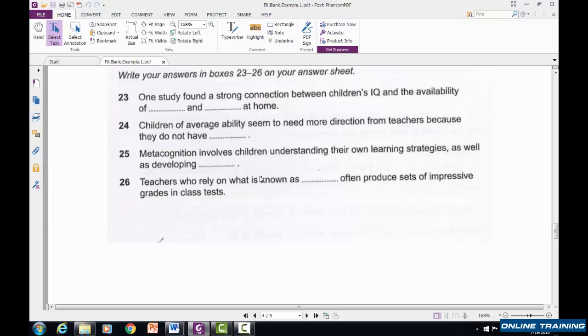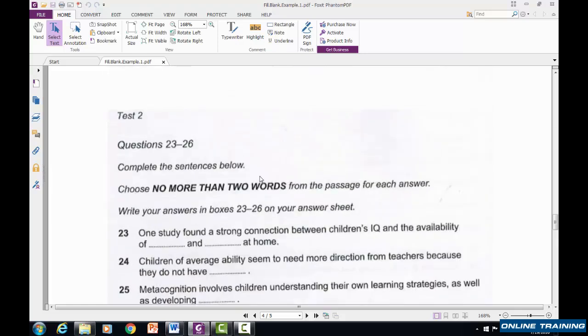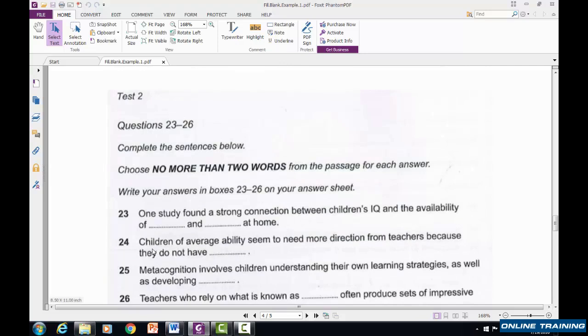So finding number 24 is actually going to be really easy, because number 24 has to come from a sentence that is found in between number 23 and number 25. So let's have a look and see if we can find that. So our keywords for 24: children of average ability seem to need more direction from teachers because they do not have. All right, so what don't they have?